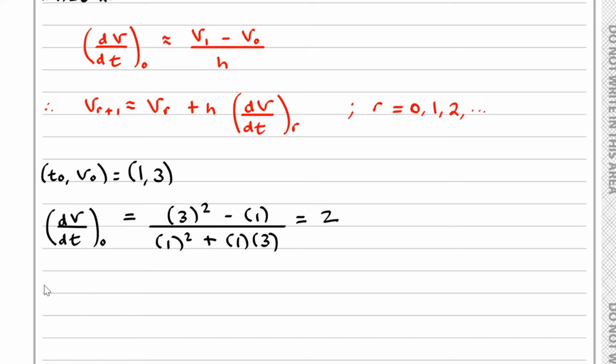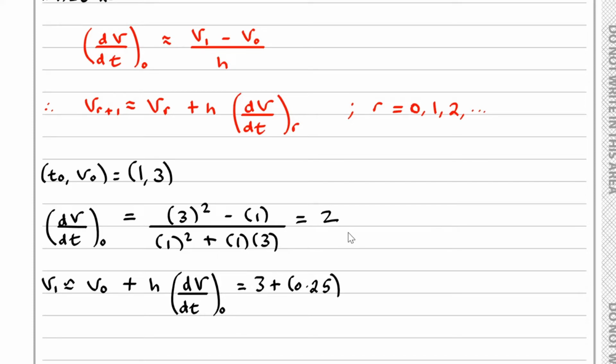So v1 is approximately equal to v naught plus h lots of dv over dt naught. What we have over here is v naught, which is 3, plus h, which is 0.25, lots of dv over dt naught, which we just found to be 2.